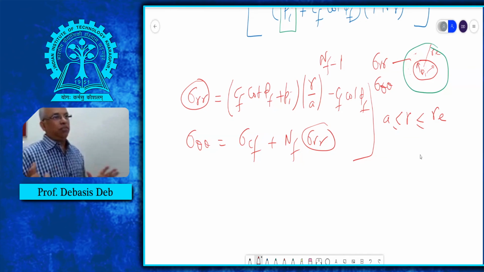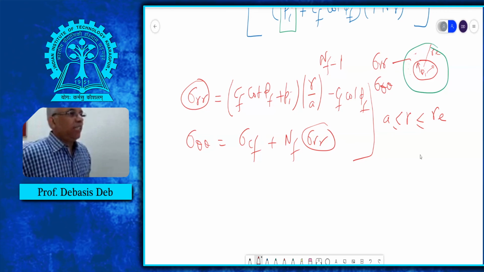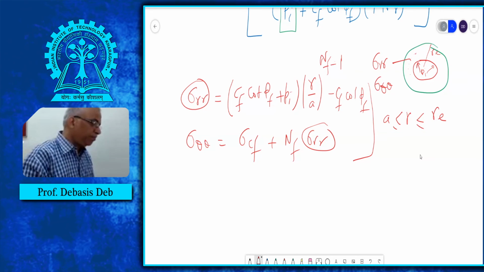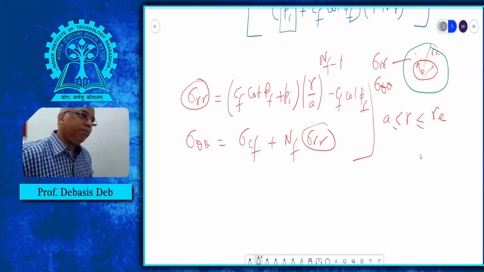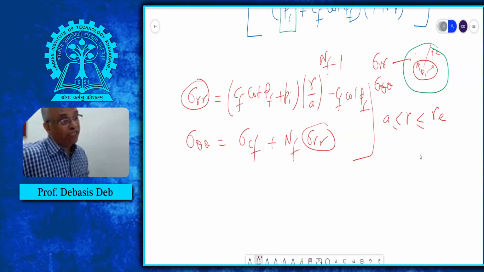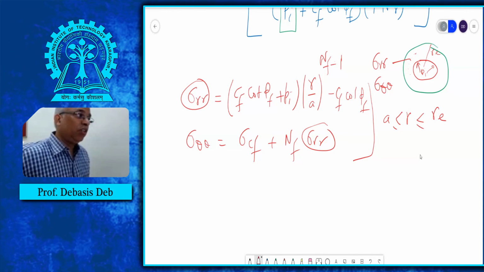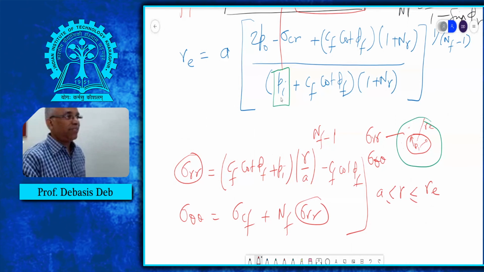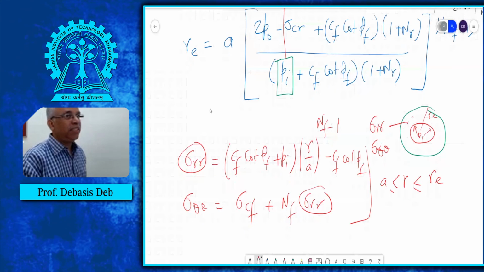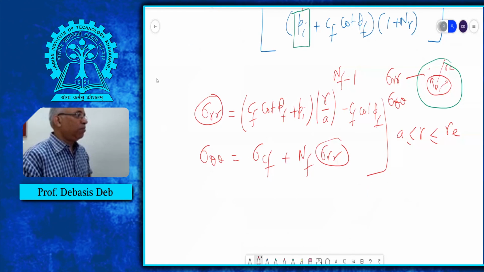Okay. So I will stop right here because this is the application of Mohr Coulomb in finding out the stresses in the plastic zone as well as in the elastic zone, and the elastoplastic radius Re, and how it is related with the internal pressure. So these are all important stuff.